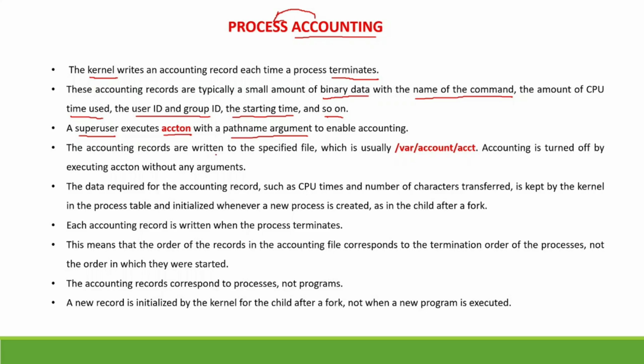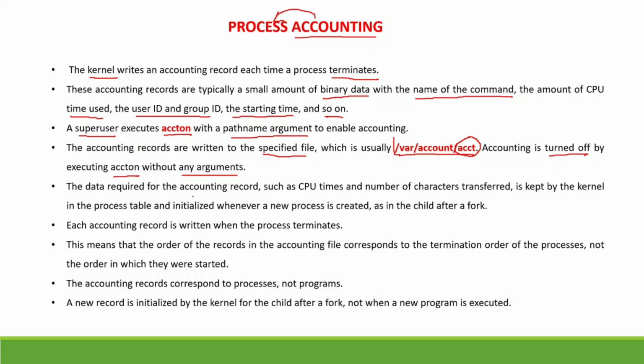The accounting record is typically written to the specified file given in the path name, so the accounting information is usually stored in the file at this path name. Accounting is turned off again by the super user executing the same ACCT system call, but this time without any arguments. This is how we can disable recording of process accounting.